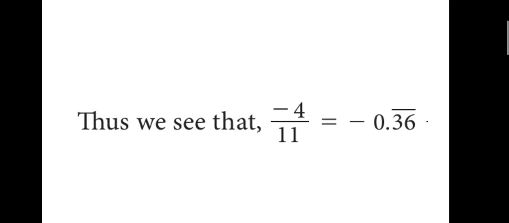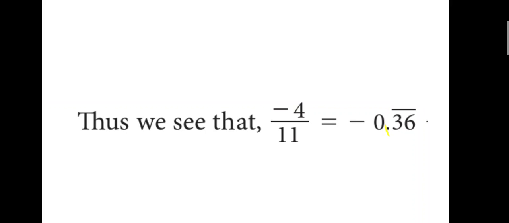It goes on, so there is no end, because the remainders 4 and 7 will be repeated. So 4 by 11 is equal to 0.363636 and so on, and we can write in symbol minus 4 by 11 equal to minus 0.36 bar.